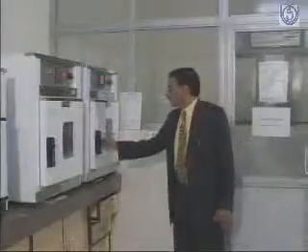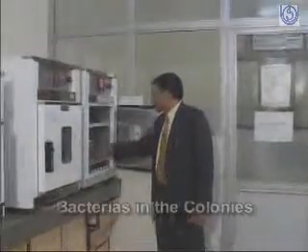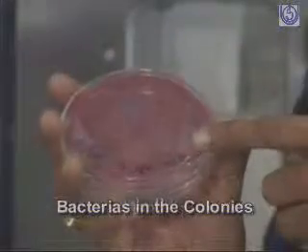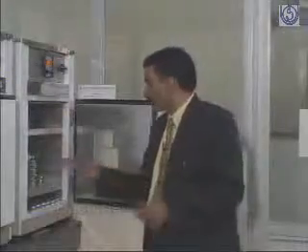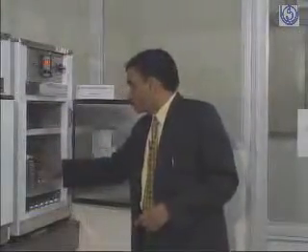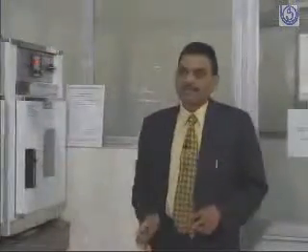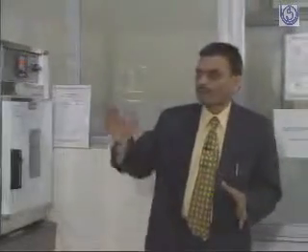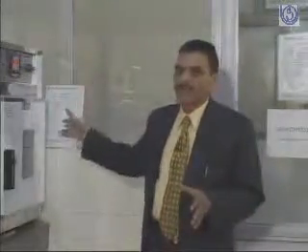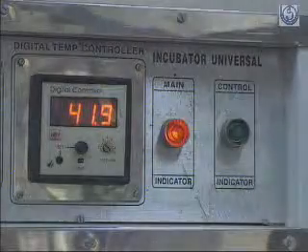Here you can see, once a particular temperature and time is maintained, these bacteria grow in colonies, and here we can identify and see them. While analyzing different bacteria, different temperatures are required. So we have different incubators for different temperatures, the 40 degree, the 37 degree, and so on.